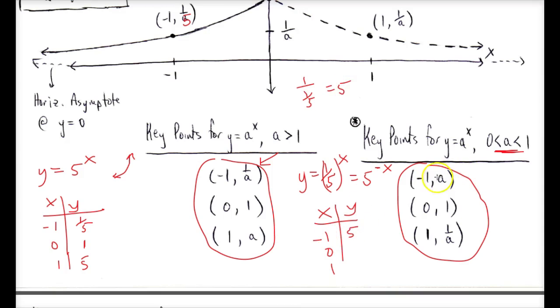Okay, if you look at it from the standpoint of writing this as something raised to a negative exponent, then your a looks like it's 5, and thus you're writing it this way.